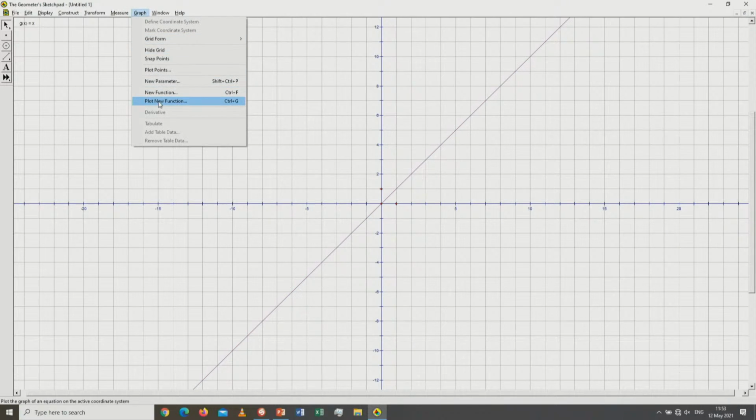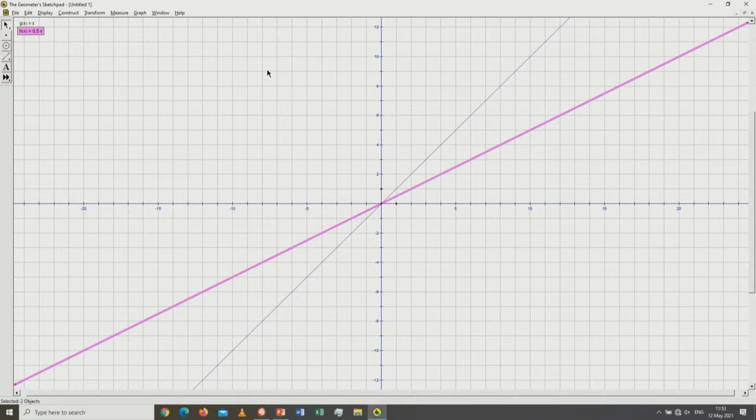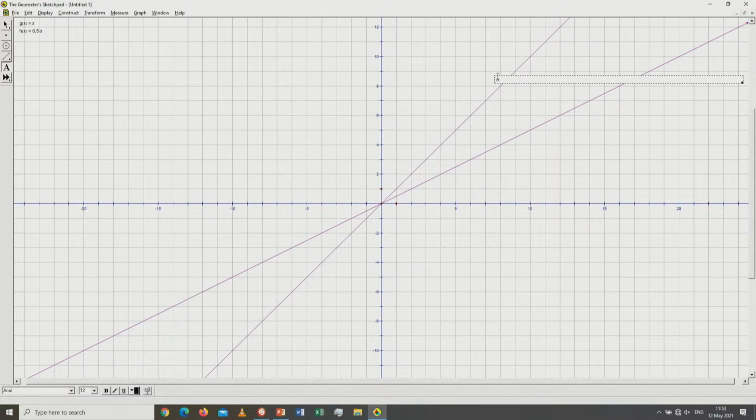Can I plot the second one? Let me plot the second one, where we now have 0,5x. Look at the graph. Now it is below. Let me name the first one A, which is y equals x.